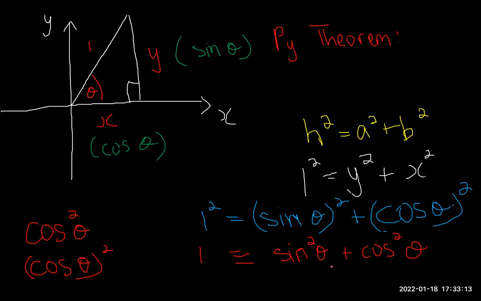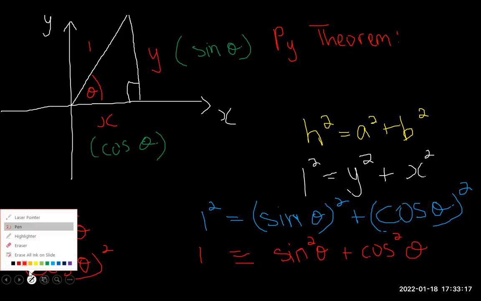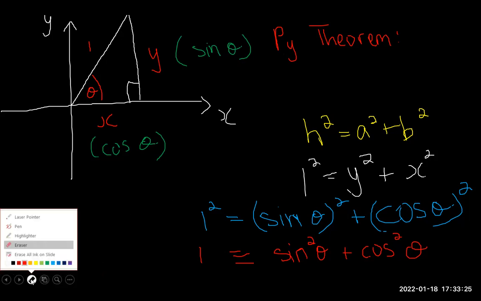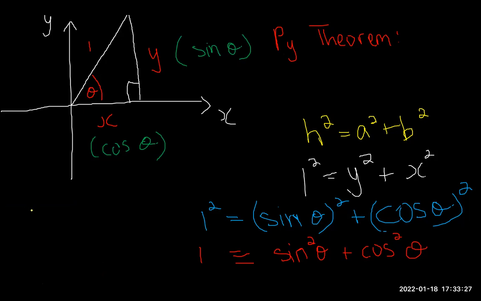Why? Because addition is commutative. For those who don't know what commutative means, we say that addition is commutative, multiplication is commutative. So what exactly do I mean by that?